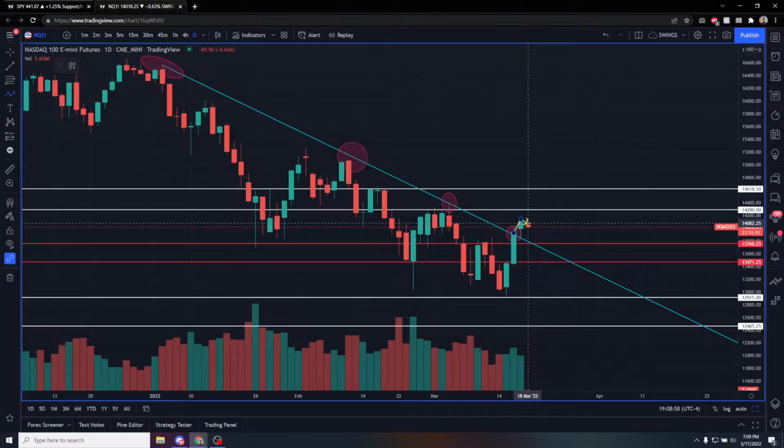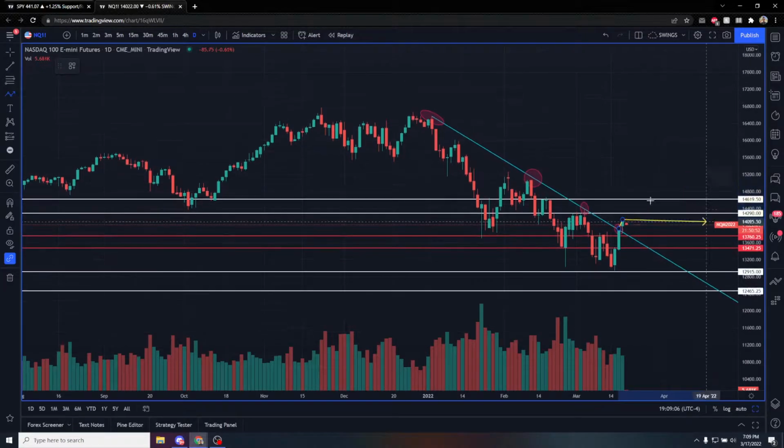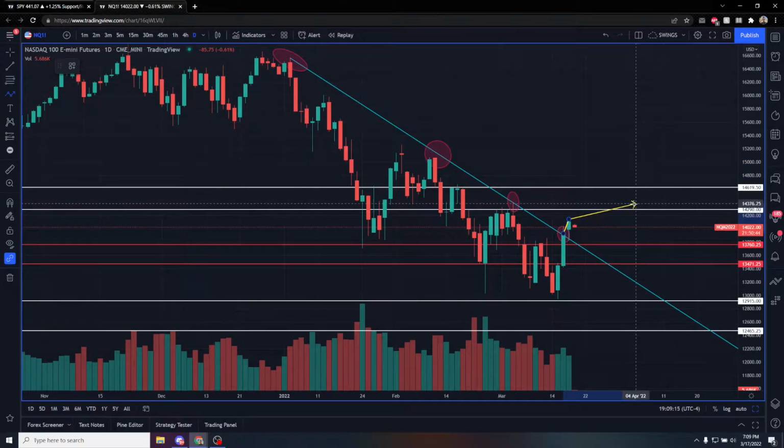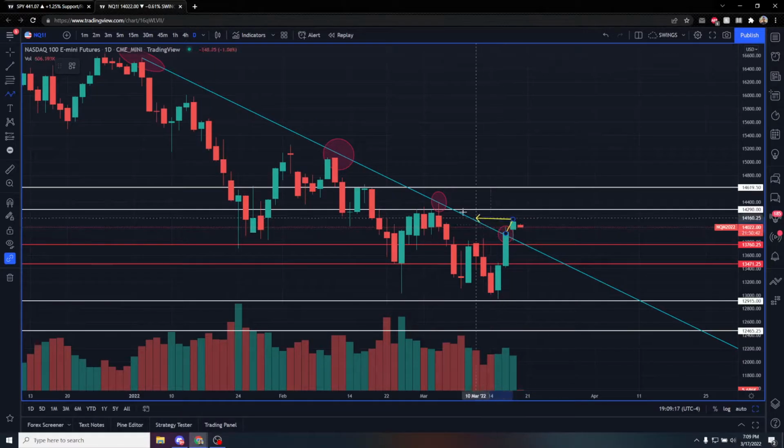So technically speaking, we broke out of the downtrend line here, at least on the short term, right? But if we want to take the longer term, the bigger picture, we want to make another new high to really consolidate this theory that we will be in an uptrend.